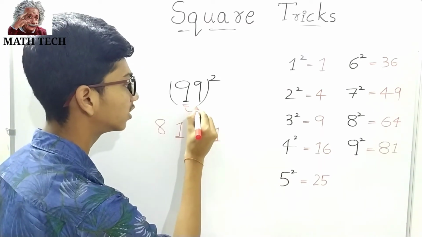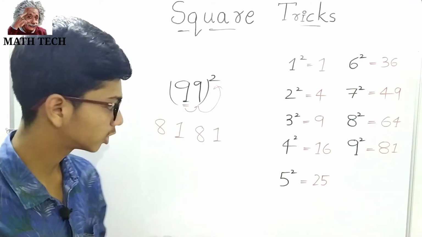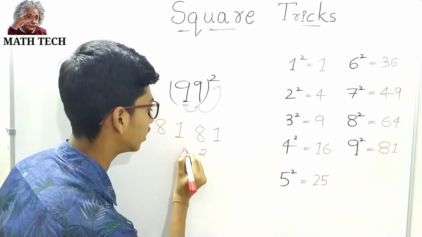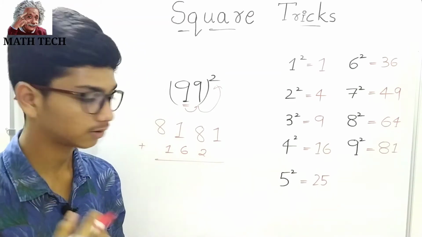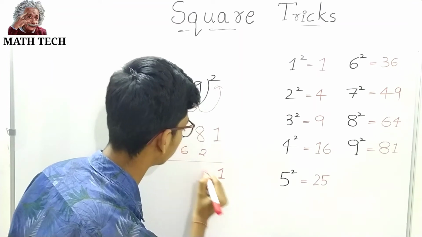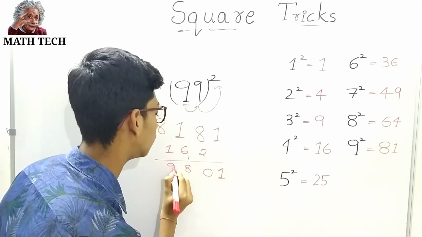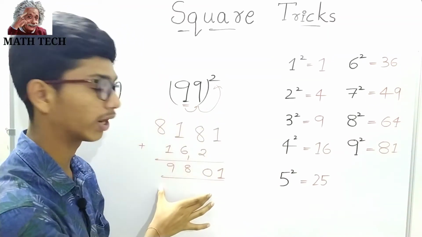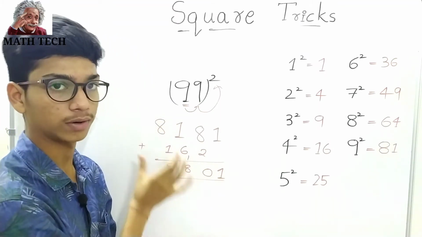Then 9 9s are 81, 81 2s are 162. We are not supposed to write it in the ones place, so we write 162 shifted, and simply add it. 9801 is the value of 99 square.